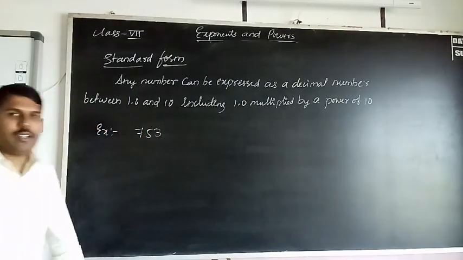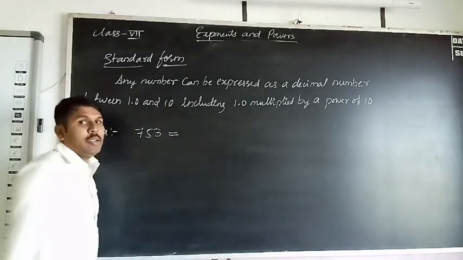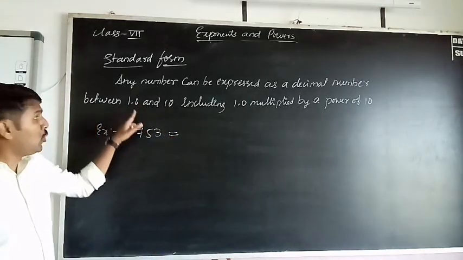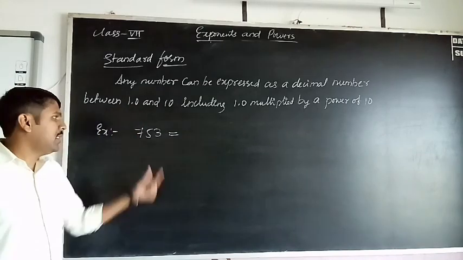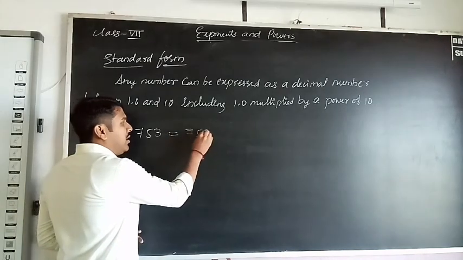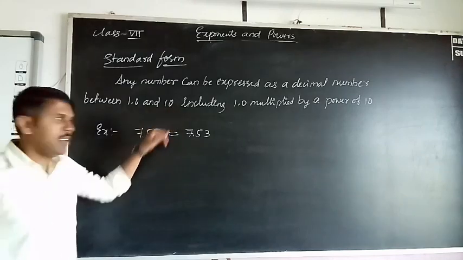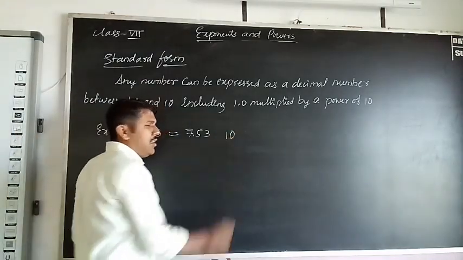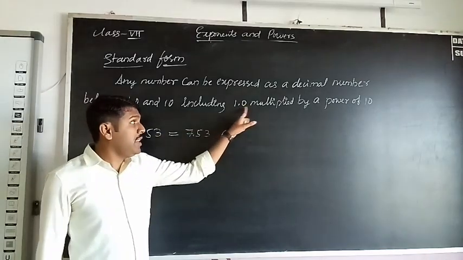753. Okay. So this is a number. You should write it as a decimal number between 1.0 and 10. 1.0 means before the decimal point it should be only one digit. But here total 3 digits. We can write it as 7.53.